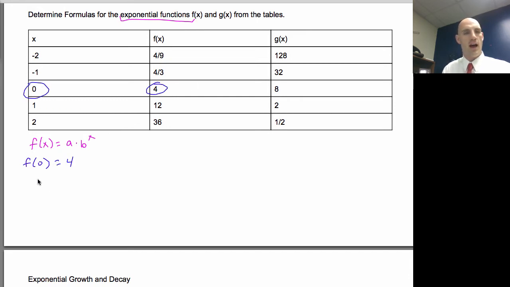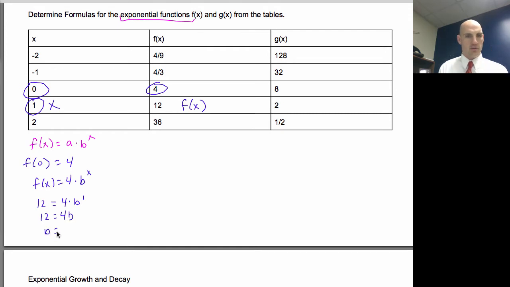So far I have f of x is equal to 4 times b to the x. Well, I need to fill in a couple of these variables. I need an x and I need an f of x. Well, check it out. If I look here, here's an x, and this would be the f of that x. And so if I fill this in, 12 equals 4 times b to the 1st power. 12 equals 4b.